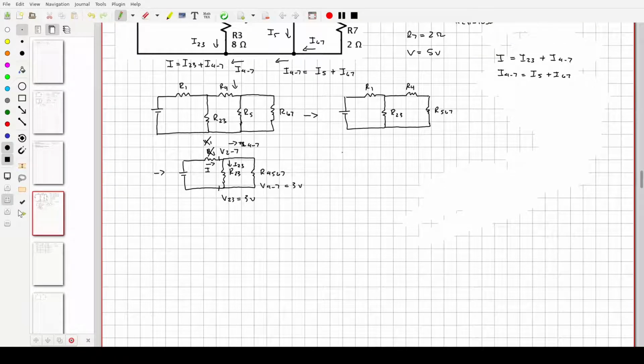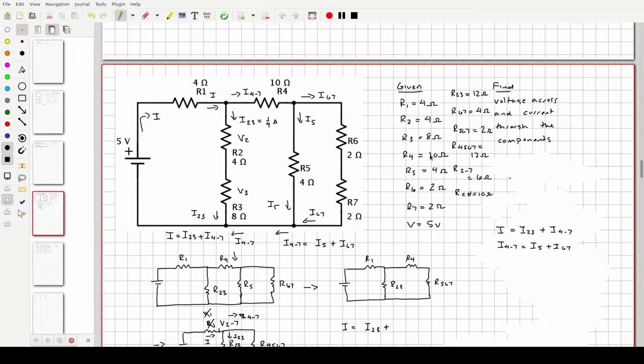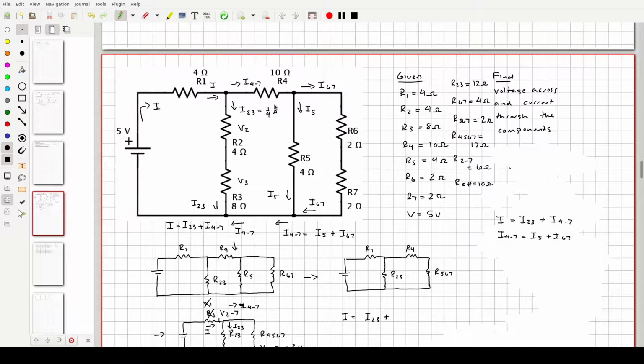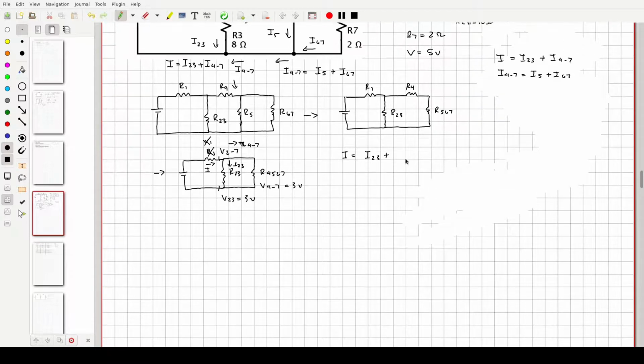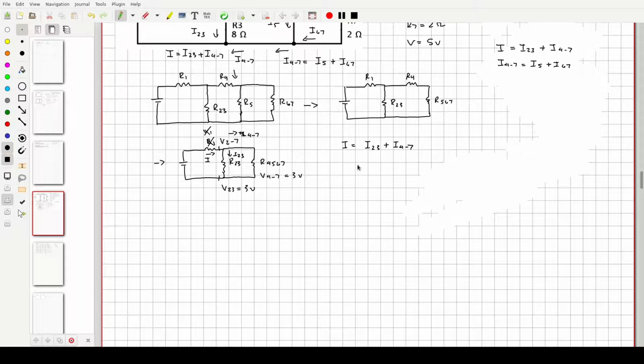So I is going to equal I23 plus I4 through 7, which means that I4 through 7, which we're going to need to talk about this next step over here, that's equal to I minus I23.